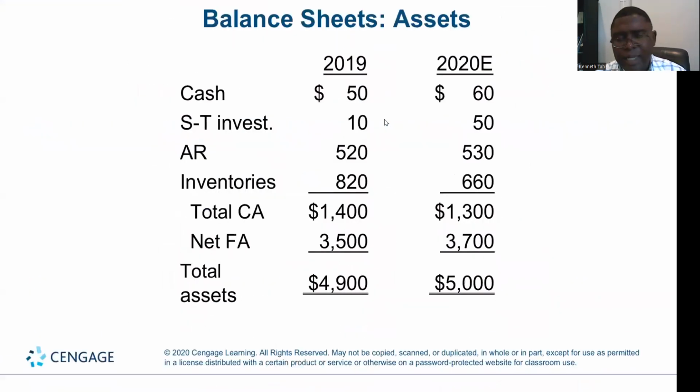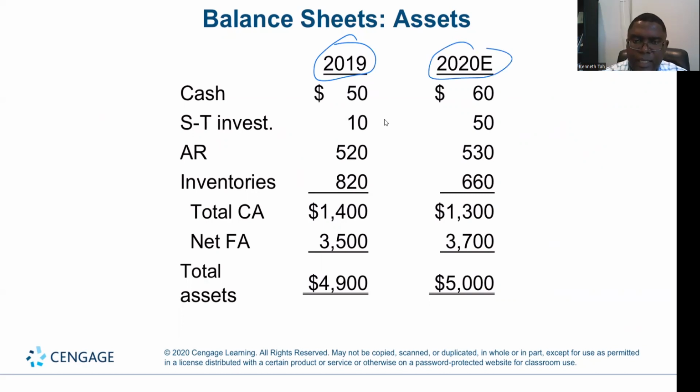We also have the balance sheet. Balance sheet can be defined as a snapshot of the company's financial position on the last day of each year. A snapshot of the company's position as at December 31st, 2019, or a snapshot of the company's financial position as at December 31st, 2020.